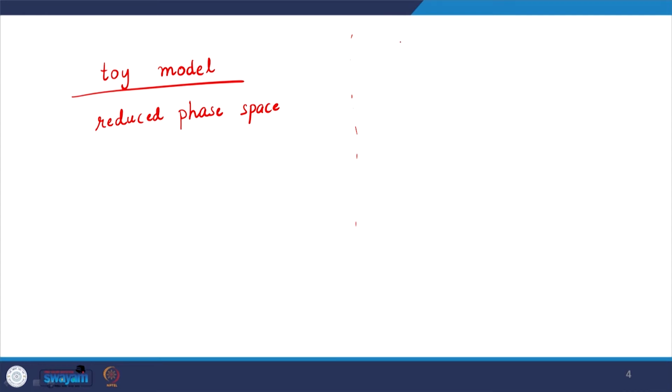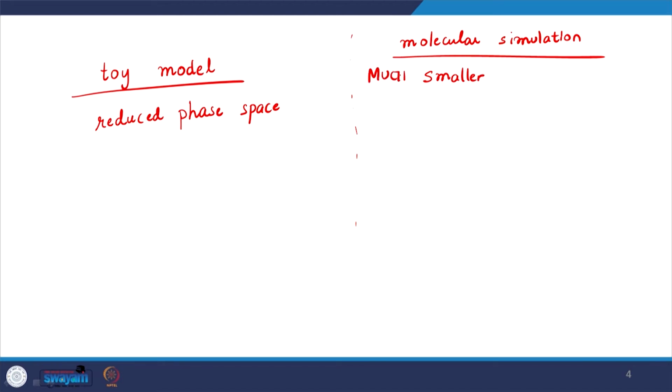On the other approach, we can try to do a molecular simulation. Now, clearly we cannot do it for the actual system, but we can do it for a smaller, I must say much smaller, system than the actual system, with several numerical approximations.